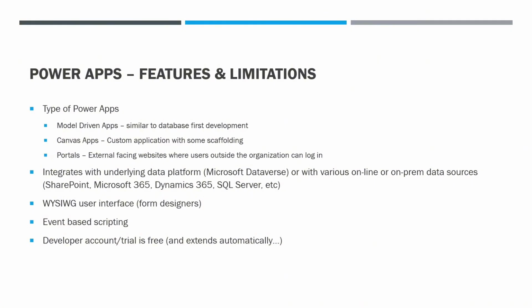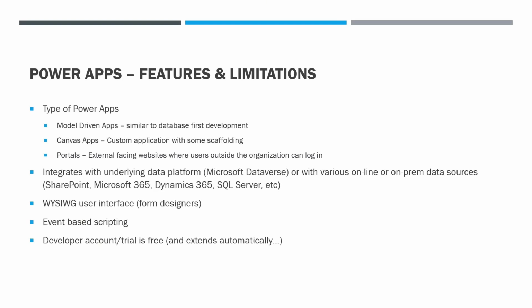The third type of applications are portal applications. So as you may have guessed up till now, Power Apps is something that is available to people who have a subscription to either Office 365 or a license to use Power Apps. Portal is an external facing website whereby people who are not part of your organization, your customer, your supplier, can use this app as well.